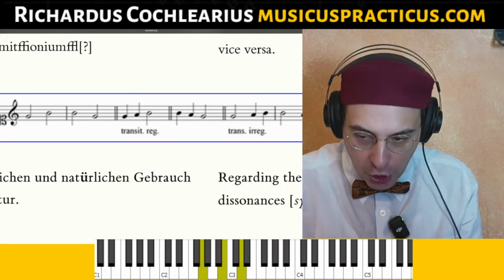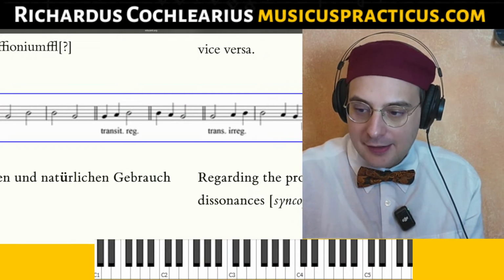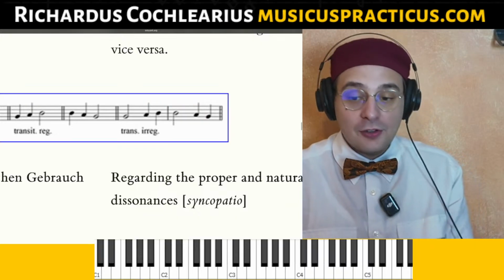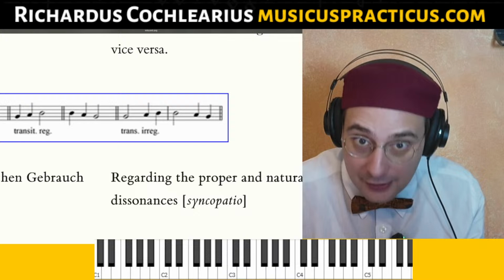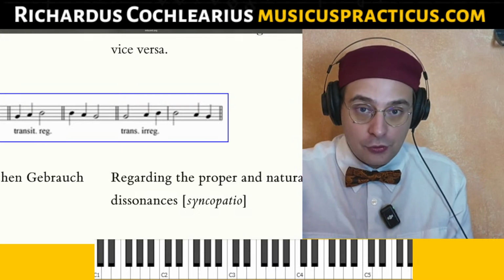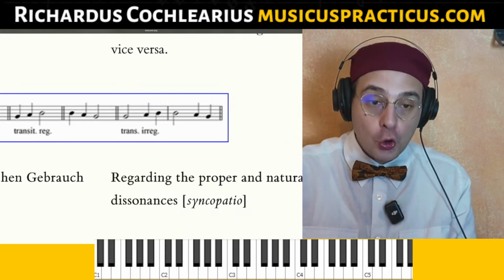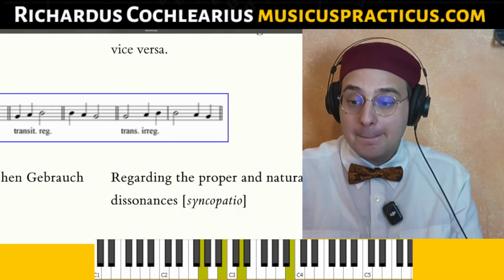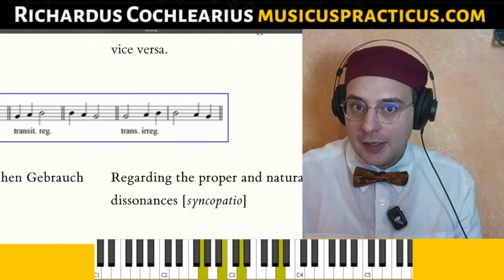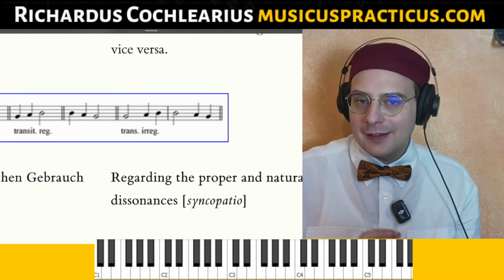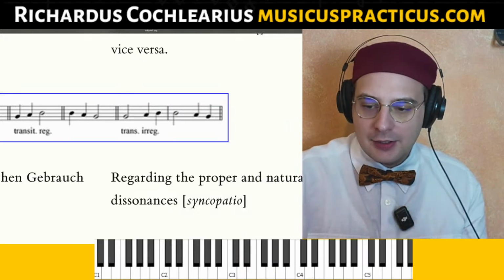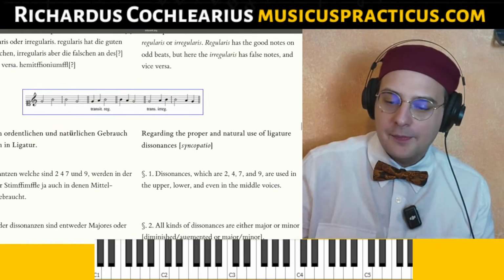Transitus irregularis, on the other hand, is consonant, then dissonant on the second note, so the third beat basically, on the odd beat, and the same thing here. So it's not accented or unaccented, but it's merely consonant and dissonant, more specifically.